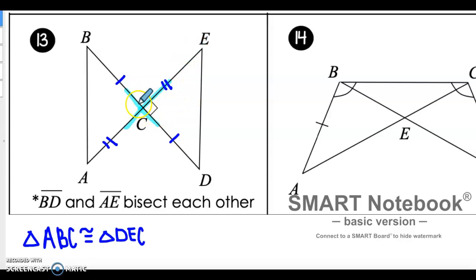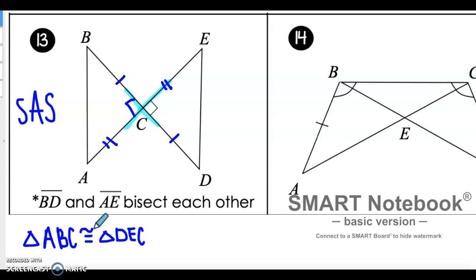So if angle ECD is a right angle, then angle BCA is also a right angle because vertical angles are congruent. Now we want to look at our picture and just read it in order. We have side, angle, side. So that is your answer here: side, angle, side.